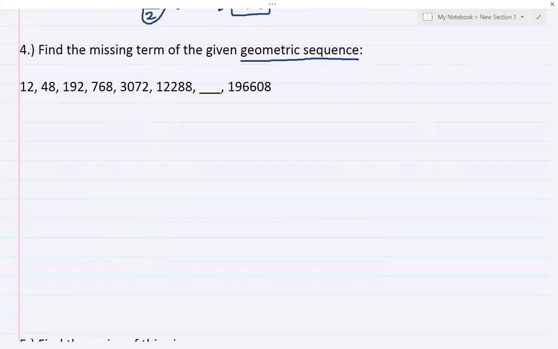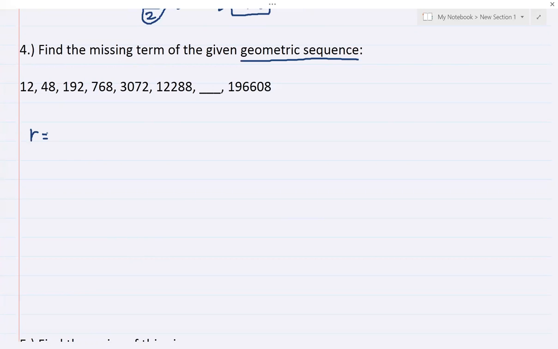For the geometric sequence, we have the ratio. You need to know the ratio of the geometric sequence. That's all. You need to find your ratio.